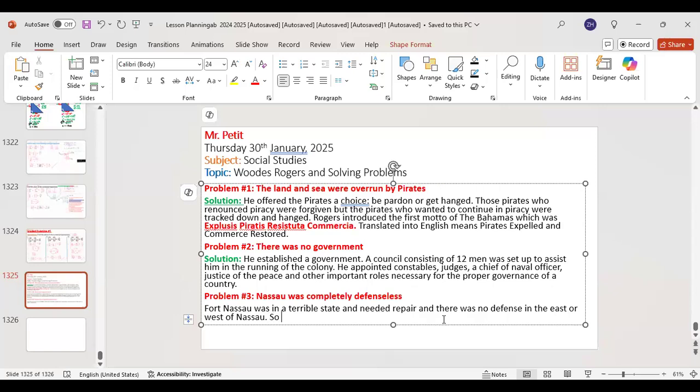So Rogers and his partners decided to get some money and repair the walls of the fort.